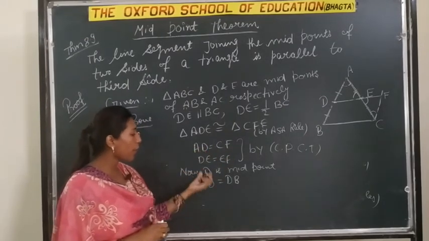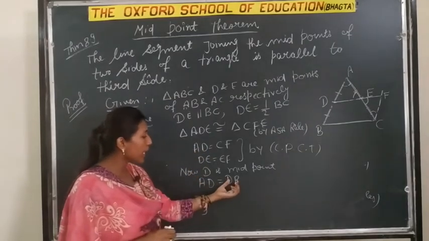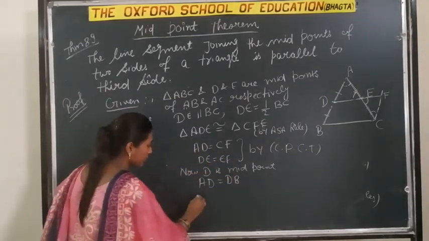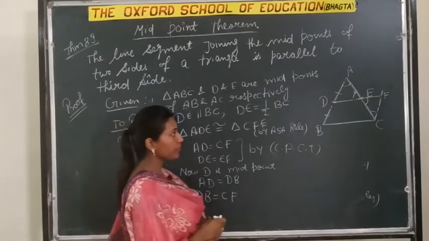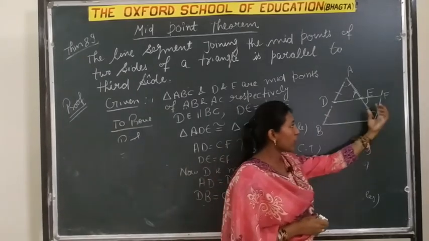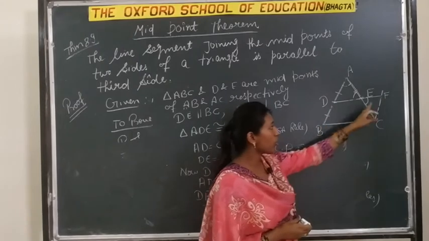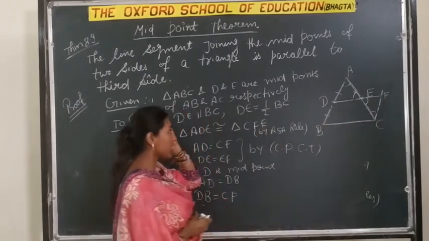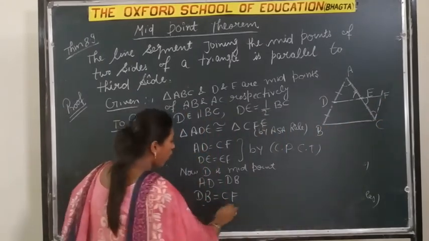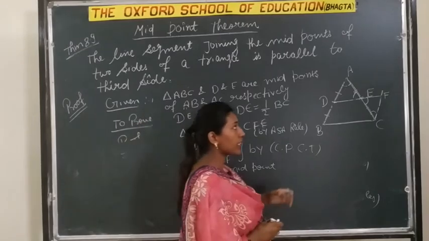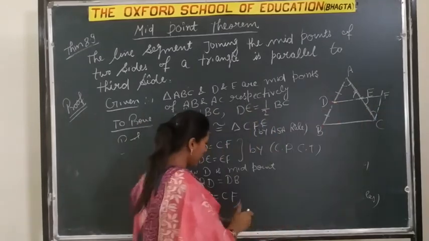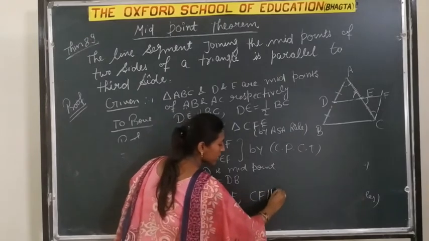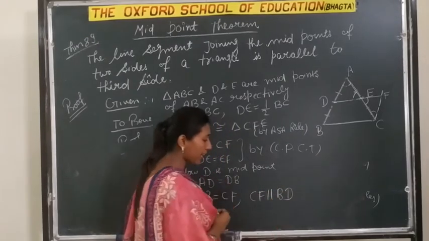Combining both equations, we get DB equal to CF. This side is equal to this side, and these are two opposite sides. Also, we constructed in the beginning that CF is parallel to BD. So CF is also parallel to BD.